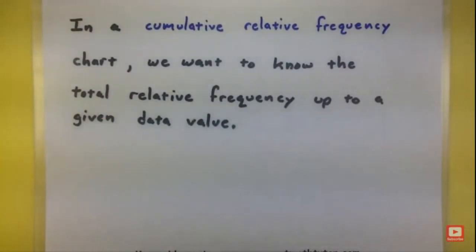In a cumulative relative frequency chart, we're interested in knowing the total relative frequency up to a given data value. This means we'll often need to look at the relative frequency and add up values less than or equal to some given value. It's actually not as hard as it seems, so let's grab some data and see what this looks like.